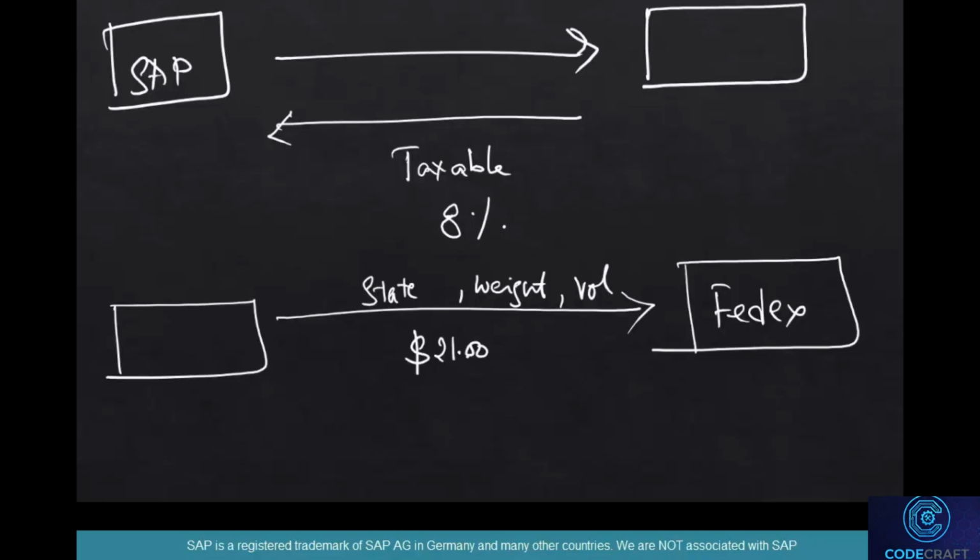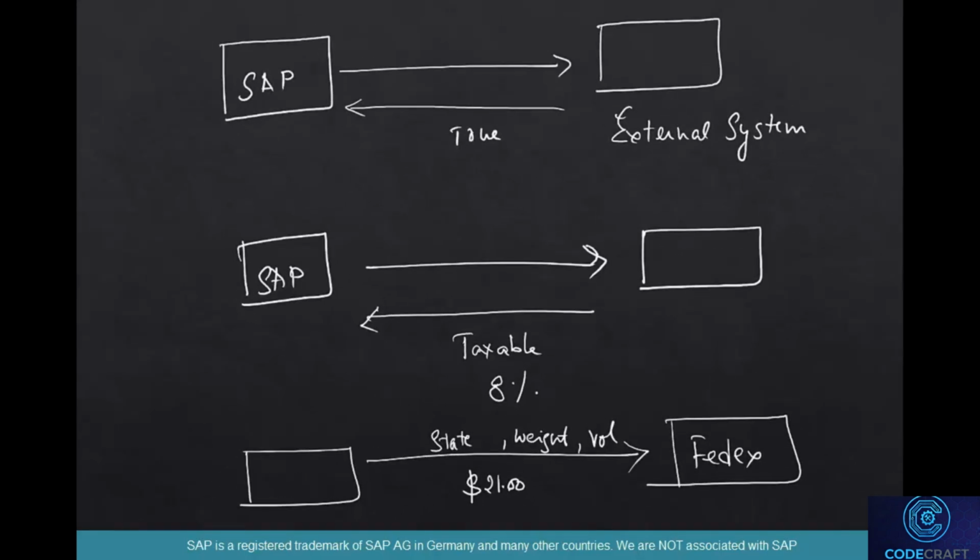I can go on and on, but I think you get the point. Wherever SAP executes a function that returns a certain value, and that function could call another external system, or it could be even internal, the point being, you don't have a lot of control over what is being returned.